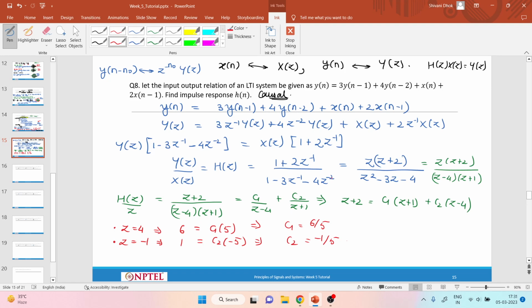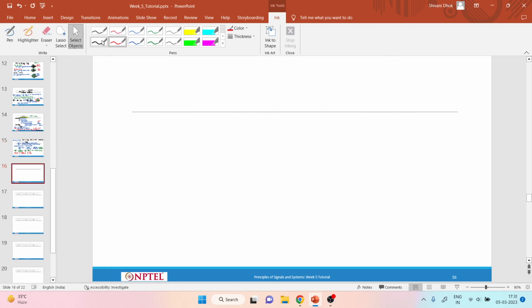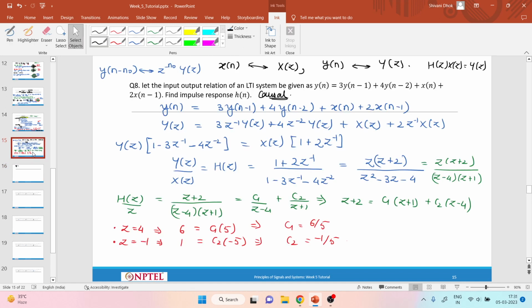So this implies that I have h of Z upon Z is equal to C1 upon Z minus 4, that is 6 by 5 upon Z minus 4.